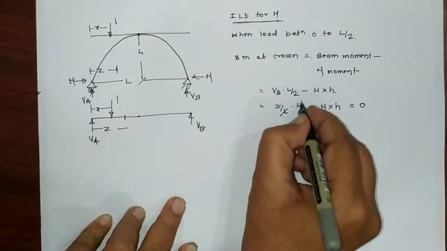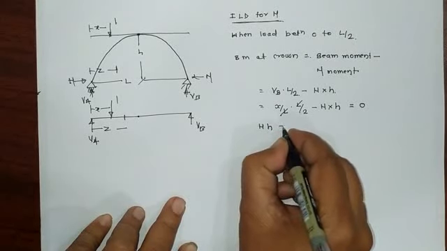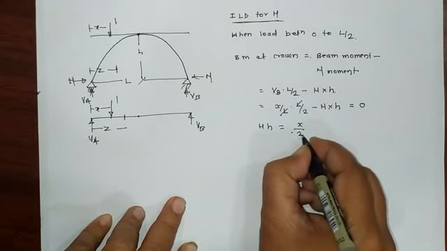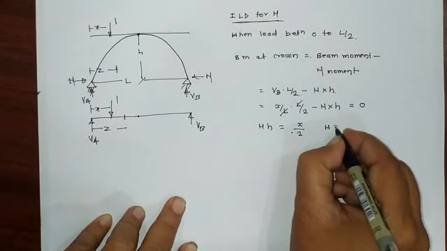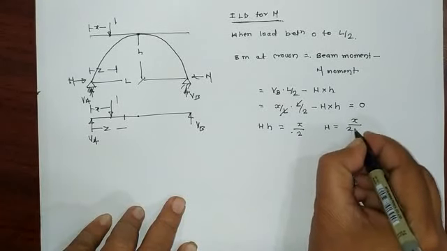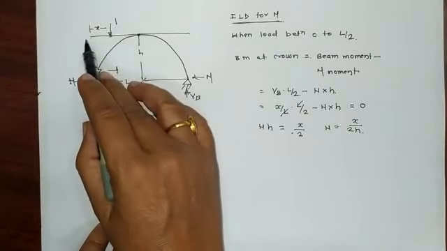So this L gets cancelled out. So H into H is equal to X by 2. So H is equal to X by 2H. Now this is the half part, that is 0 to L by 2.